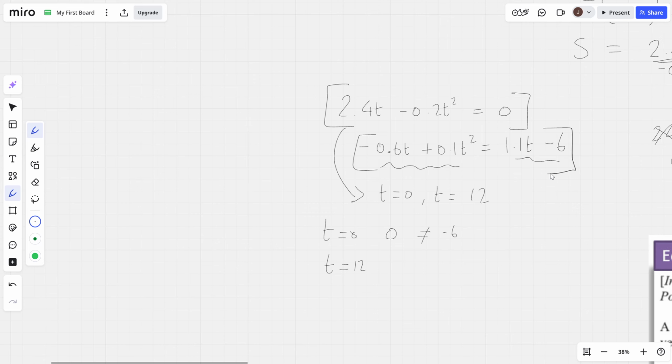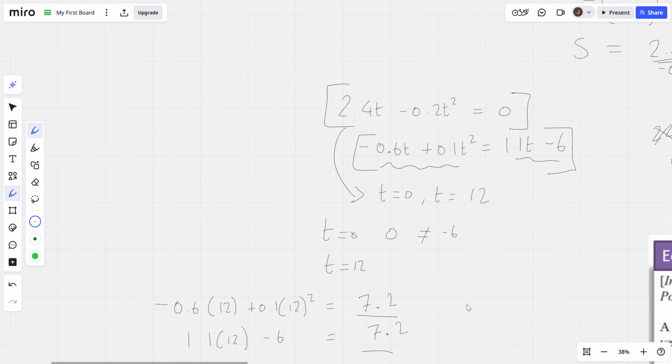So we would just show that we're using it. Minus 0.6 times 12 plus 0.1 times 12 squared equals, well, find out what that is. And then also do 1.1 times 12 and then minus 6. These values should be the same as one another. And in fact, they are, 7.2.